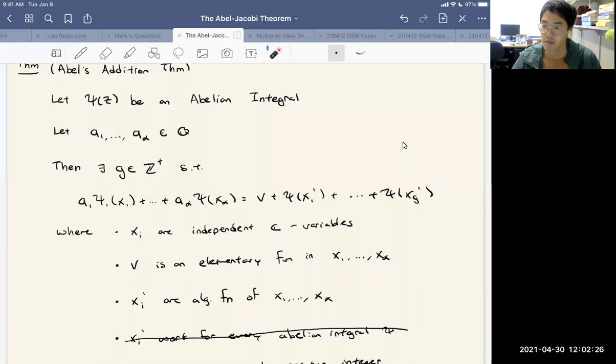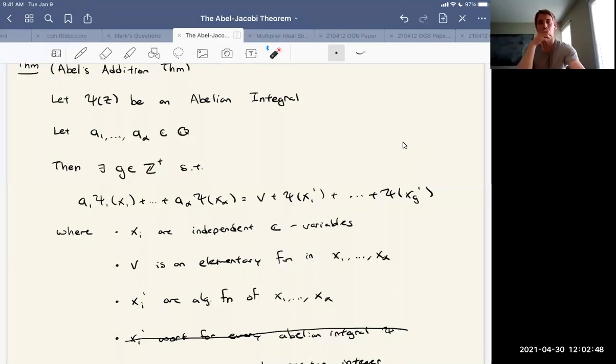So it's something about some sort of inversion process of these Abelian integrals is what Jacobi was asking. And this is the thing that leads to the surjectivity of this Abel Jacobi map somehow. But I don't know the story very well.